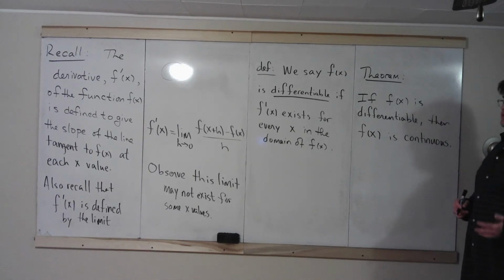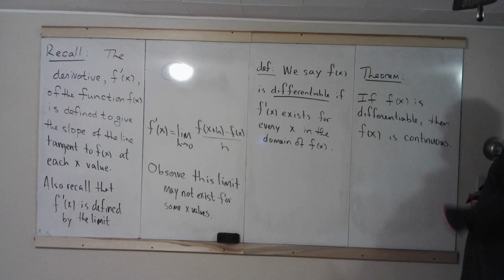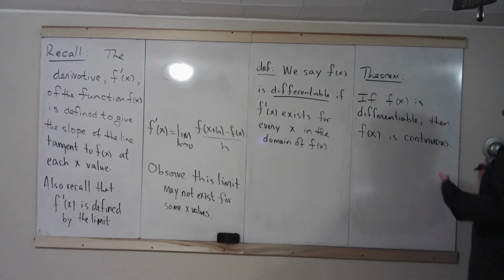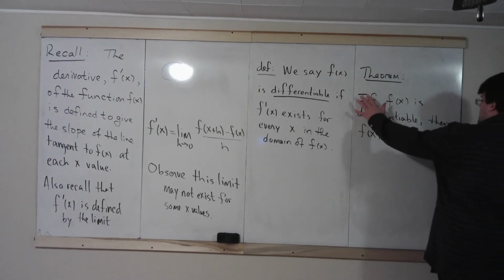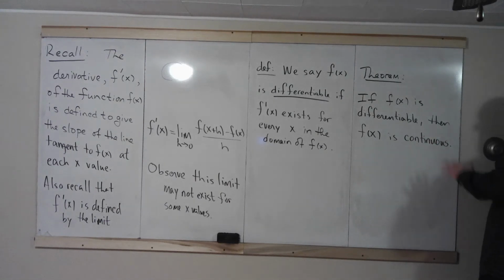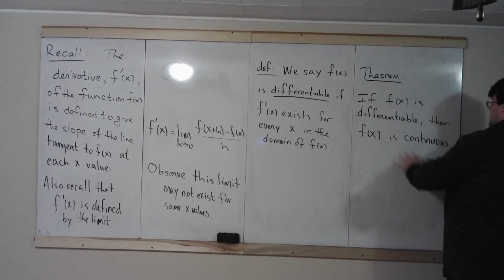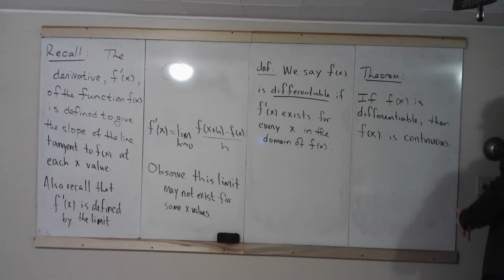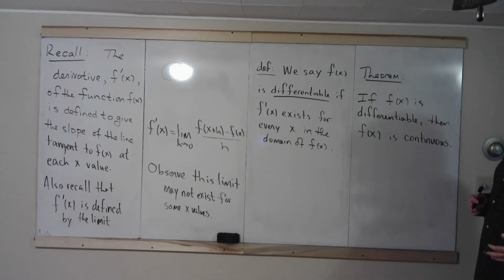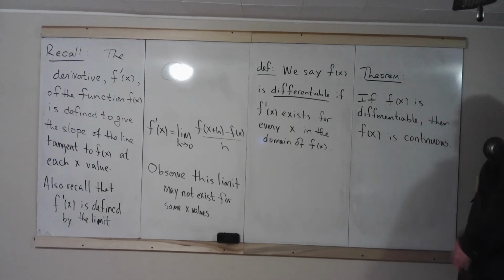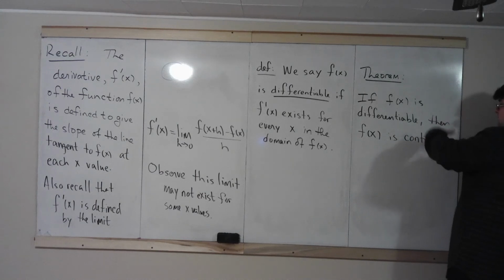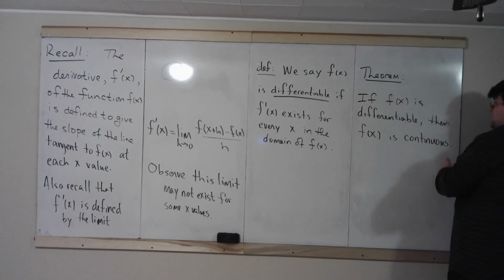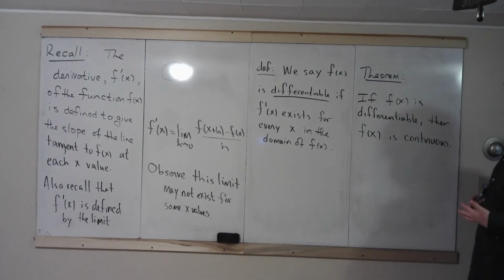What's far more interesting for our purposes is the converse of this statement. So this theorem says, if something, then something else. So if A, the first thing, then B, the second thing. The converse flips that around and says, what about if B, then A? If the second thing, then the first thing. Is that true?